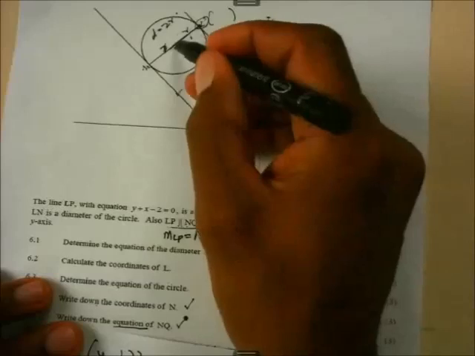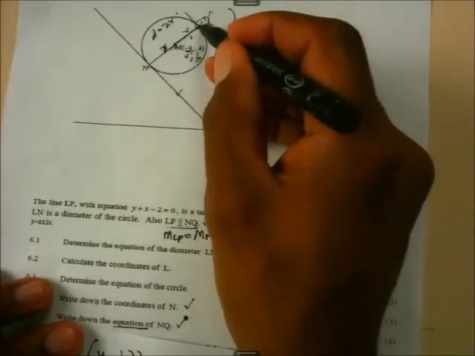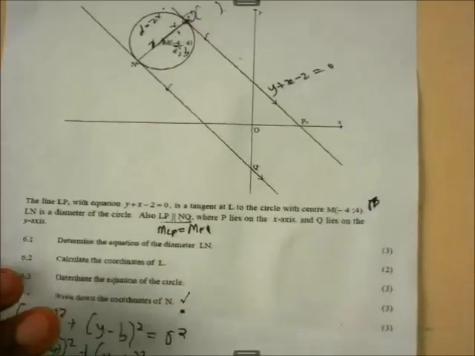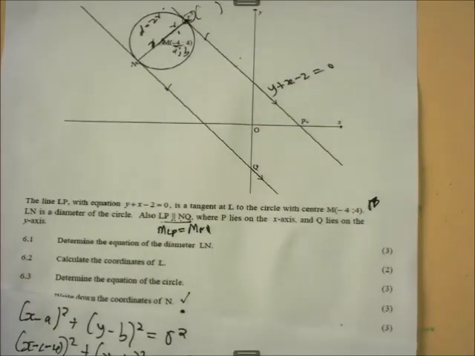Then it means the distance from the center to the L and also the distance from M to N are the same. Right. Of course, boys and girls, I think now you remember everything because I tried to do this one for you so that at least you have a better understanding of the analytical geometry of the grade 12.